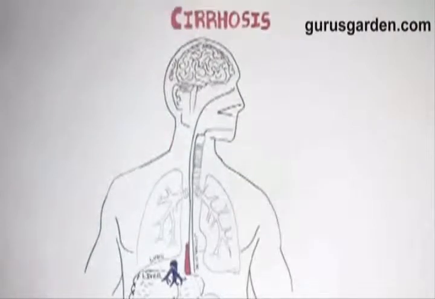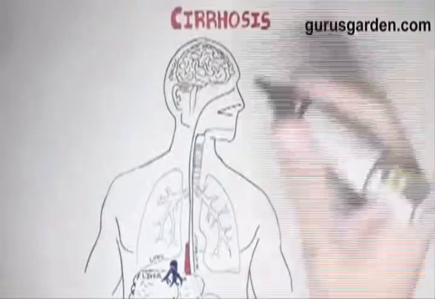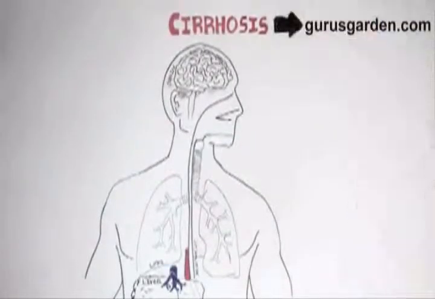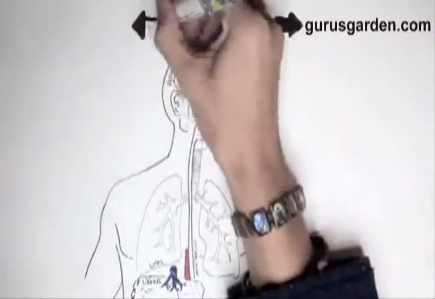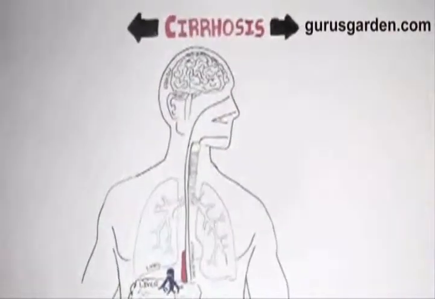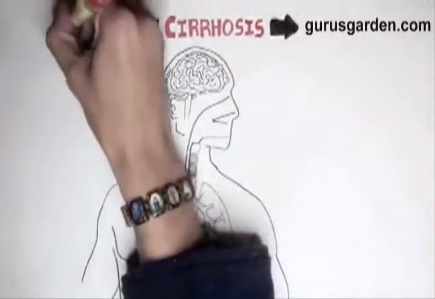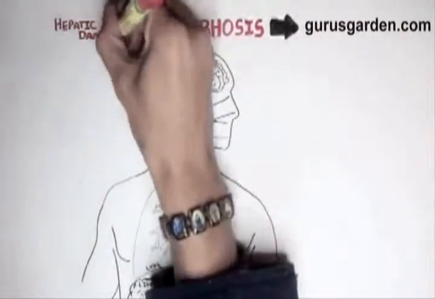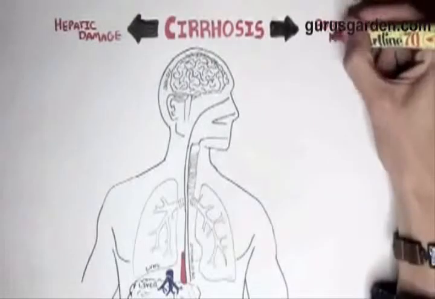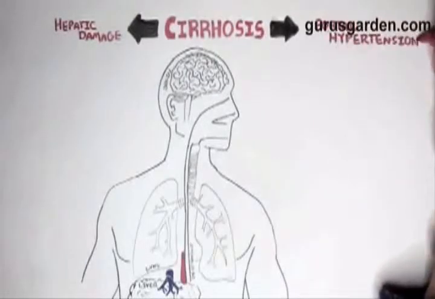The increased pressure will cause blood to bypass and go backwards back towards the stomach and esophagus. So back towards the esophagus and gastric vein, which will result in increase in pressure there. The increase in pressure will cause varices, esophageal varices, and we can have bleeding from these varices, which can be very serious.